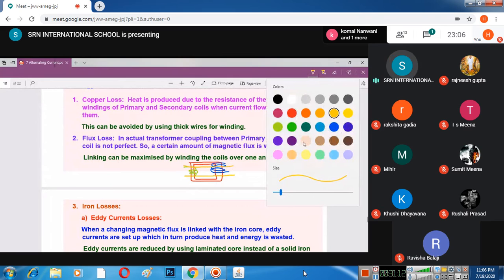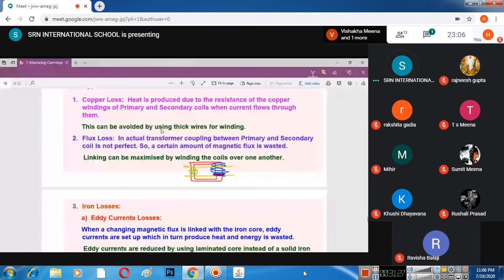The coupling of the coils is not proper, the alignment is not proper. That's why there is a loss in the transformer. This kind of loss is known as flux loss, because this is a loss of flux which is linked with the secondary coil. Is it clear, beta?